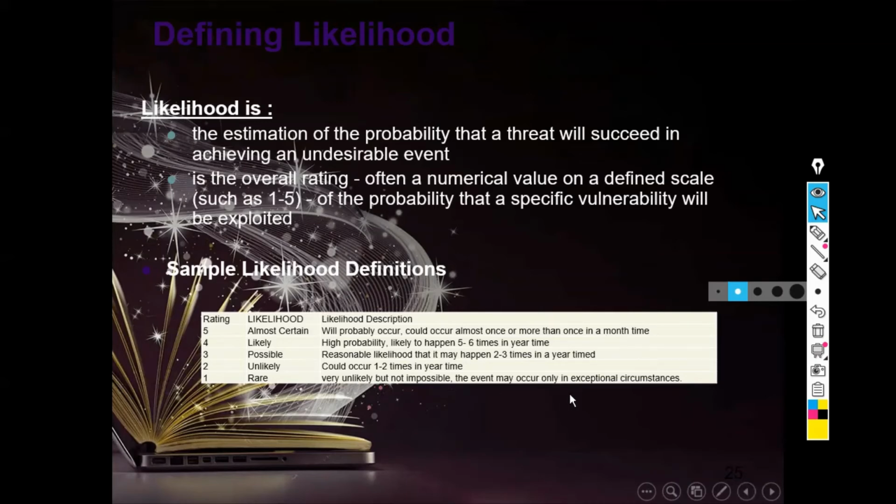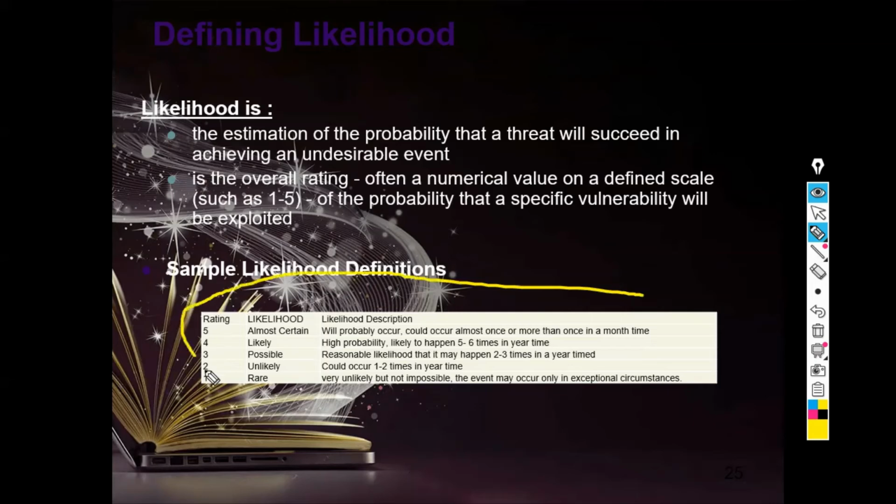Rare means it is impossible to occur; certain threats are not going to occur. Unlikely means it could occur 1 to 2 times in a year. Possible means it will occur 2 to 3 times in a year. Likely rating we give when the probability is that it will happen 5 to 6 times in a year. These would be sample likelihood definitions.